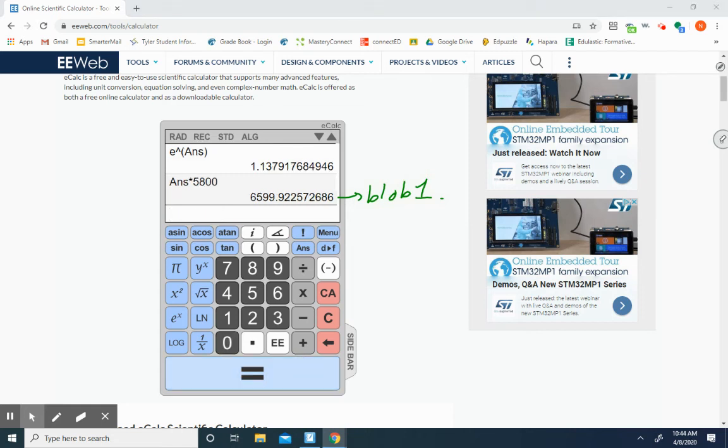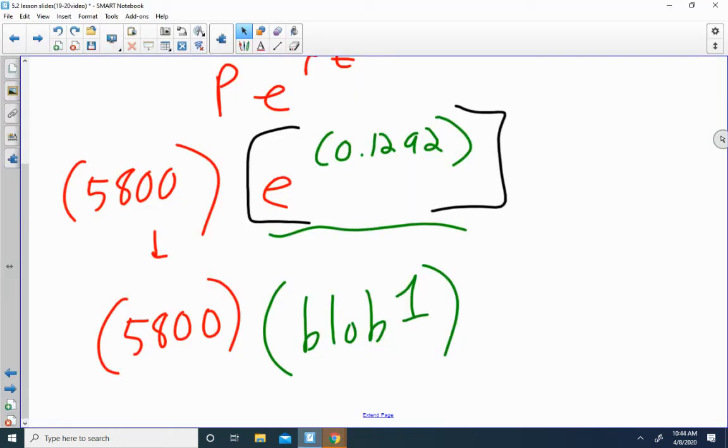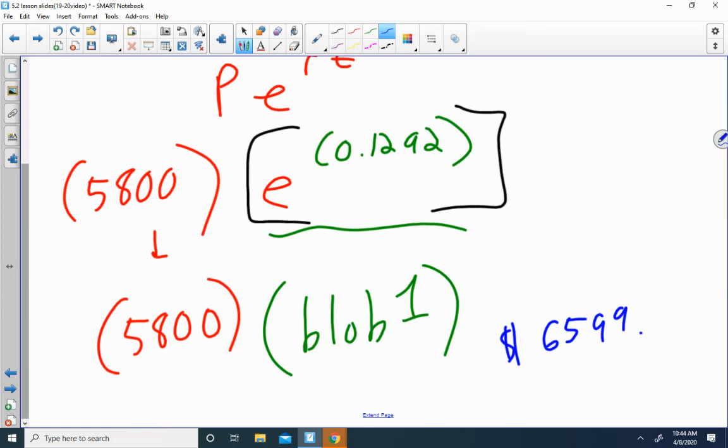We make $6,599, and we're going to make 92 cents if you round to 2 decimal places. So for the problem, you will say that after 3.8 years, you will have $6,599.92.